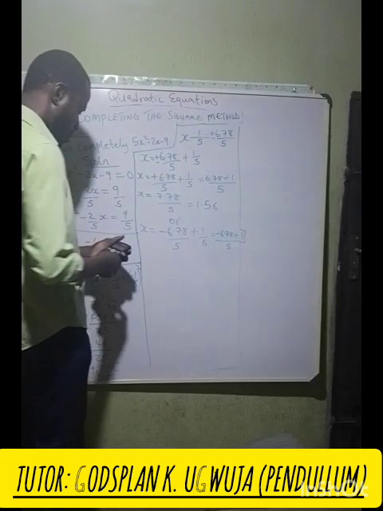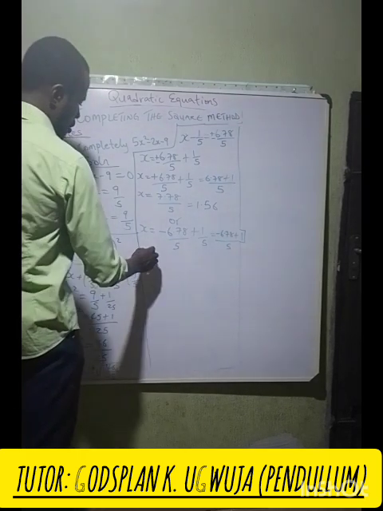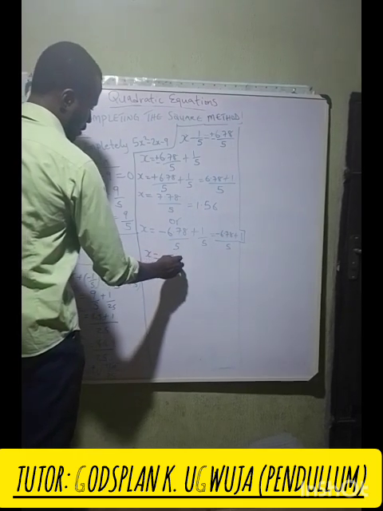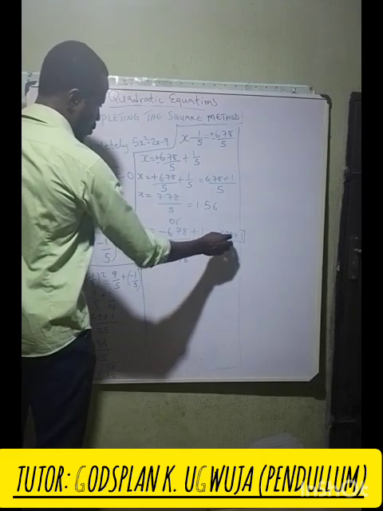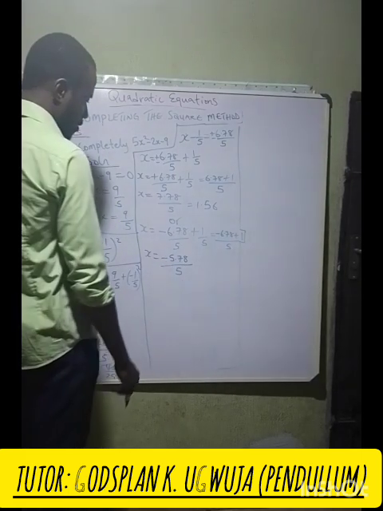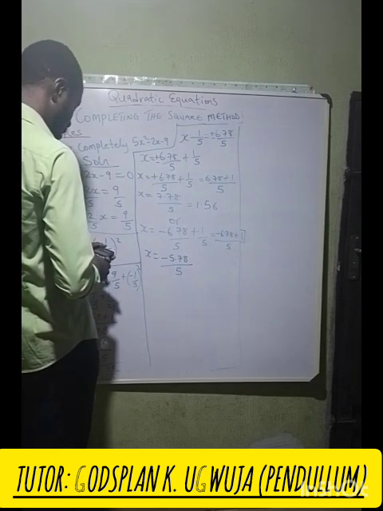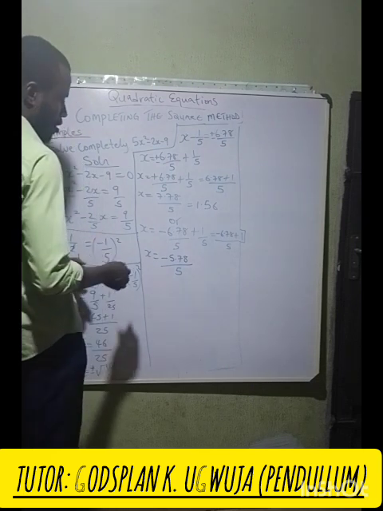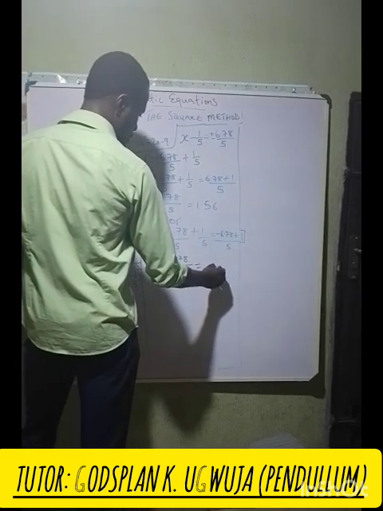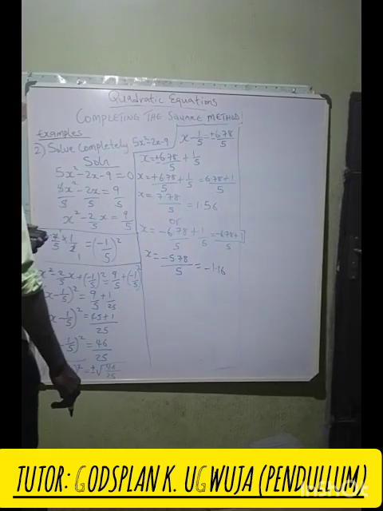Now, minus 6.78 plus 1 will give you minus 5.78. Just remove 1 from this over 5. And if you divide this, minus 5.78 divided by 5, you should be getting minus 1.16.